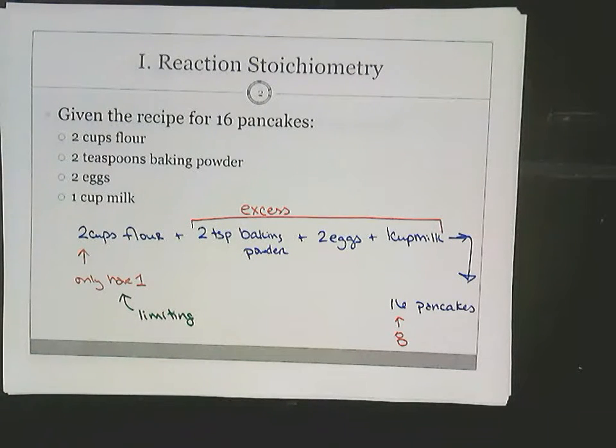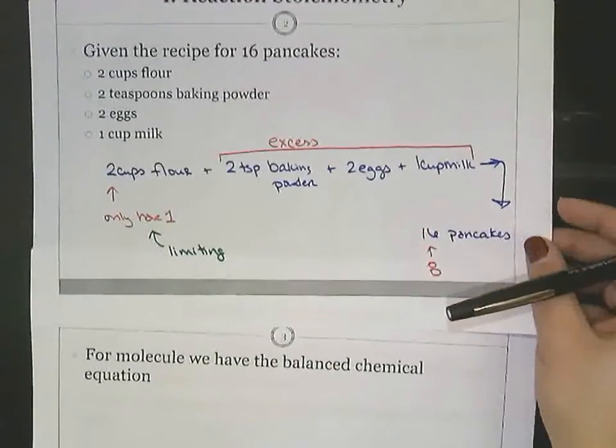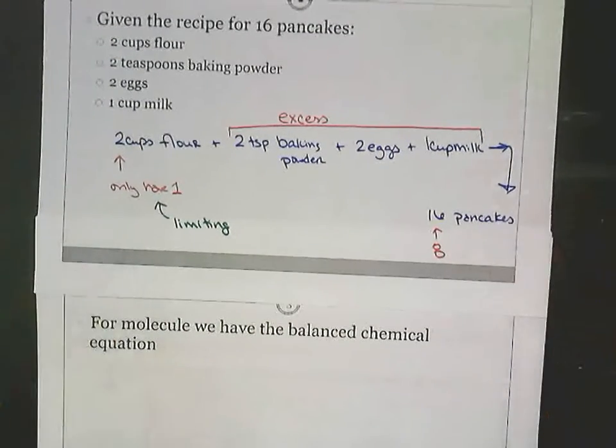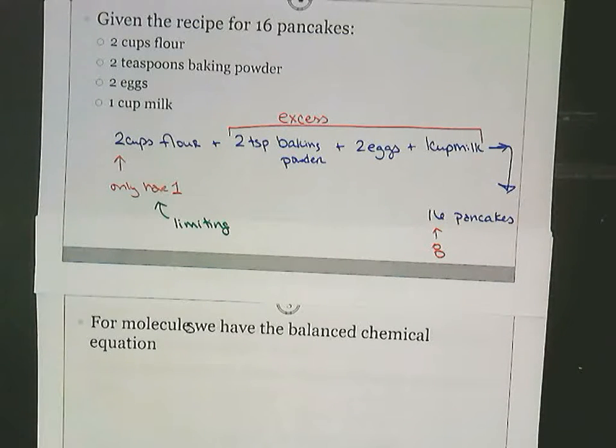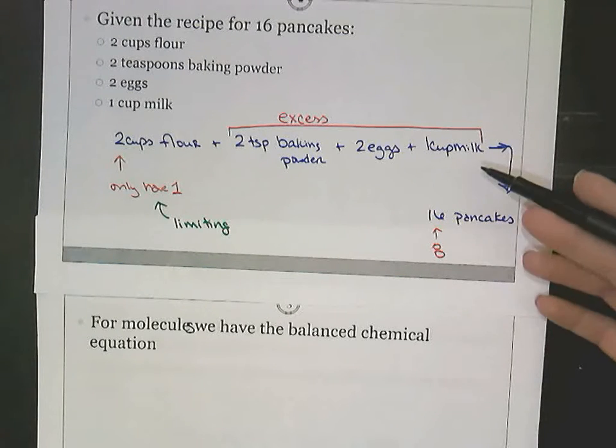So, extrapolating that out to more chemical systems. For molecules, we use balanced chemical equations, which is kind of what this is, right? It's kind of like a balanced chemical equation.